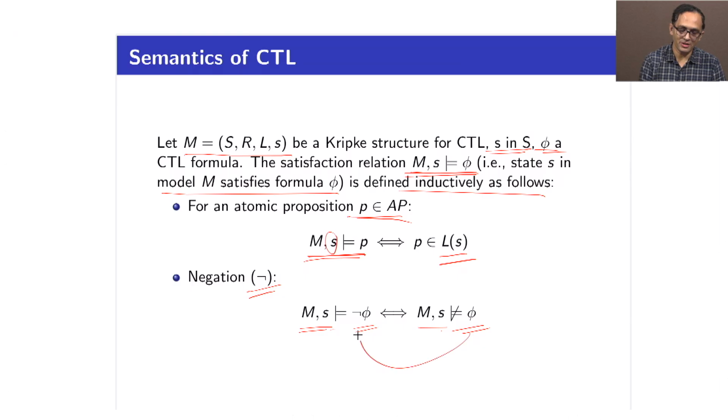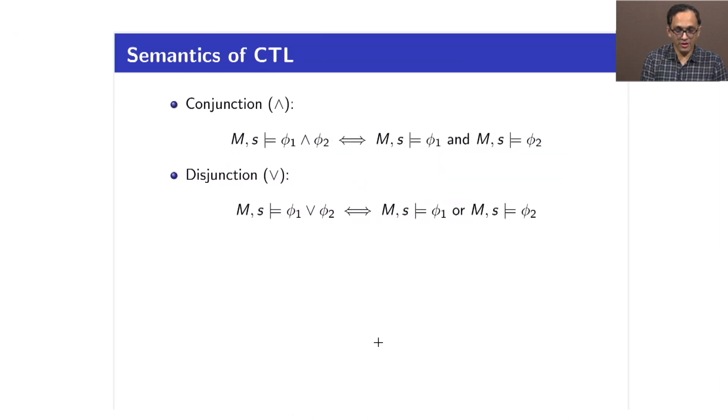Then it is satisfying the negation of the property. Okay. Conjunction: the model satisfies phi 1 and phi 2 if and only if it individually satisfies phi 1 and individually satisfies phi 2. So, if individually getting satisfied, then I will say their conjunction is also getting satisfied. Similarly, the model satisfies phi 1 or phi 2 if and only if it satisfies phi 1 or phi 2.